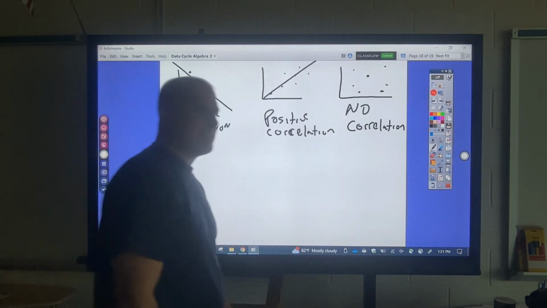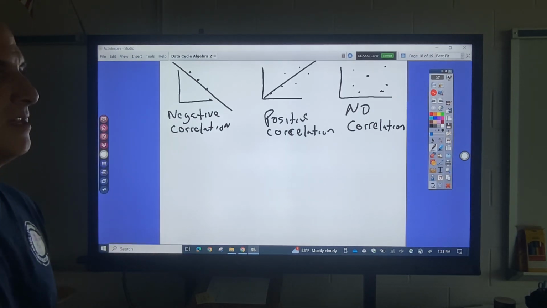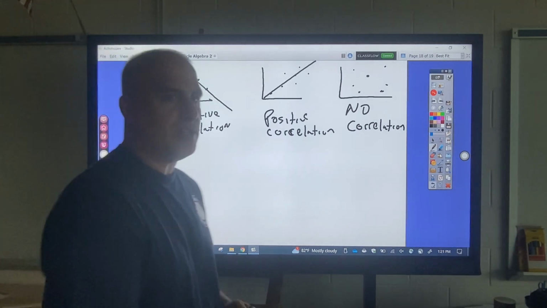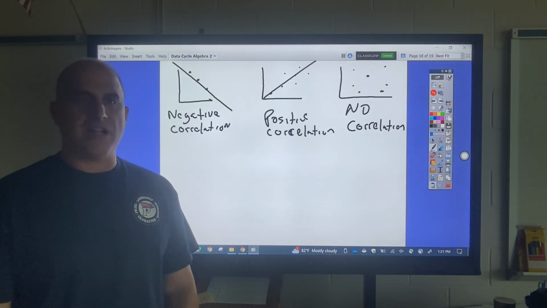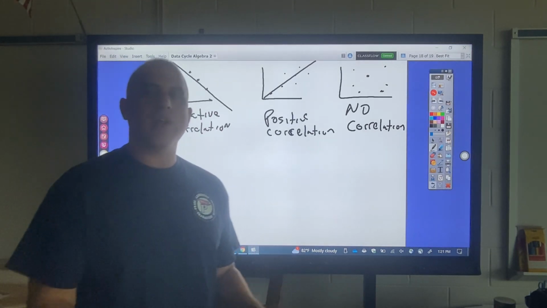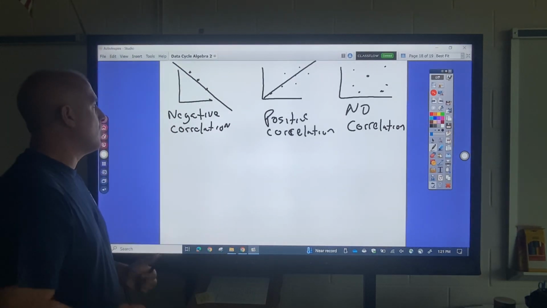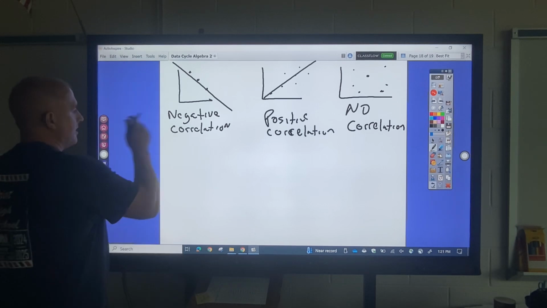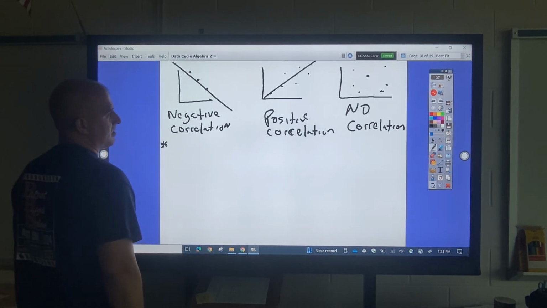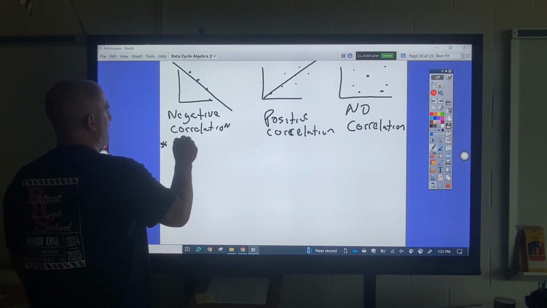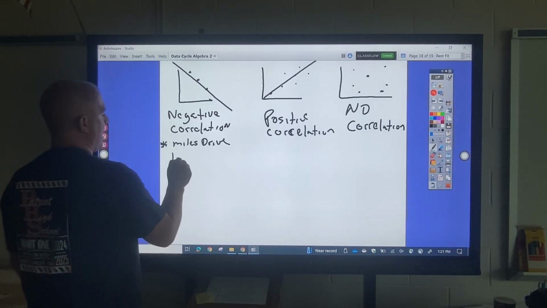So that's just something you have to recognize. All right, what's some examples of that? Stuff that doesn't add up. Like, all right, when it's hot out, I eat tacos. Okay, the hotter it gets, the more tacos I eat. Well, that's not necessarily a correlation. Okay, all right, it has to be something that correlates. Like an example of this would be, you know, the more miles I drive, the less gas I have.